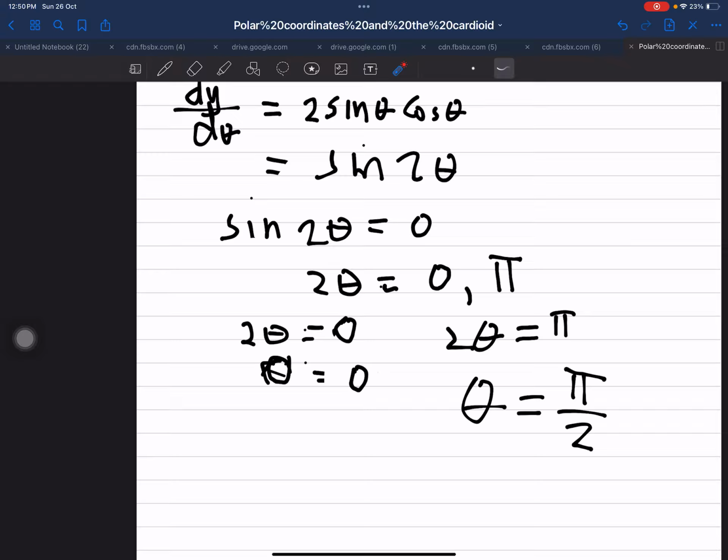So at 0 and at pi over 2, we have our horizontal tangents.